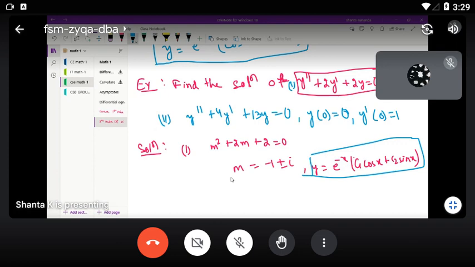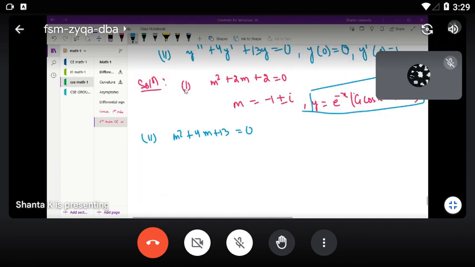Okay. Now for the second one. So what is the solution here? This is the auxiliary equation. e power minus 2x into sin x. You tell me the roots of this equation first.